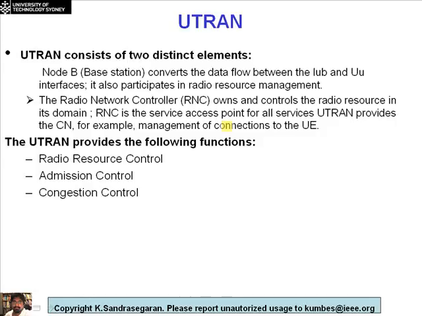Or if the entire network is congested, if there are users who are capable of being transferred to a GSM network, why don't we get them to do a handover from a UMTS network to a GSM network? So all of these functions have to be performed by congestion control.